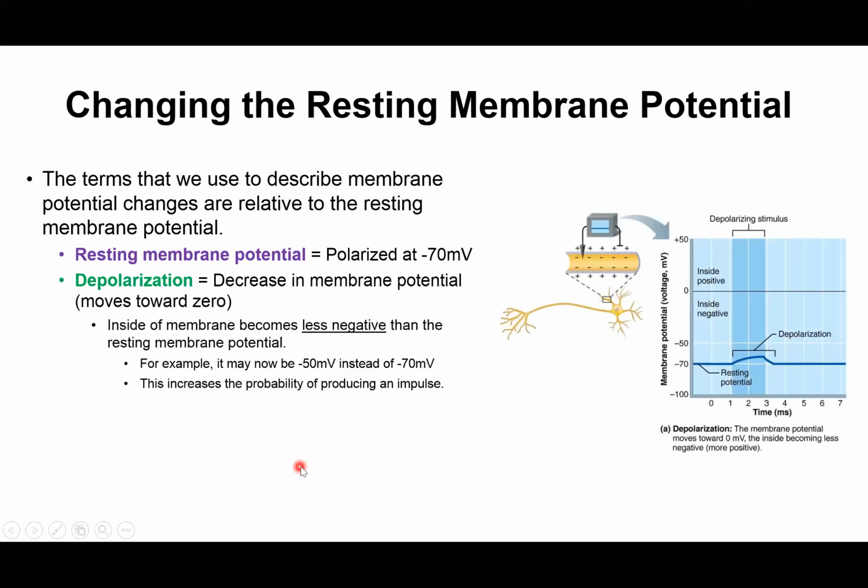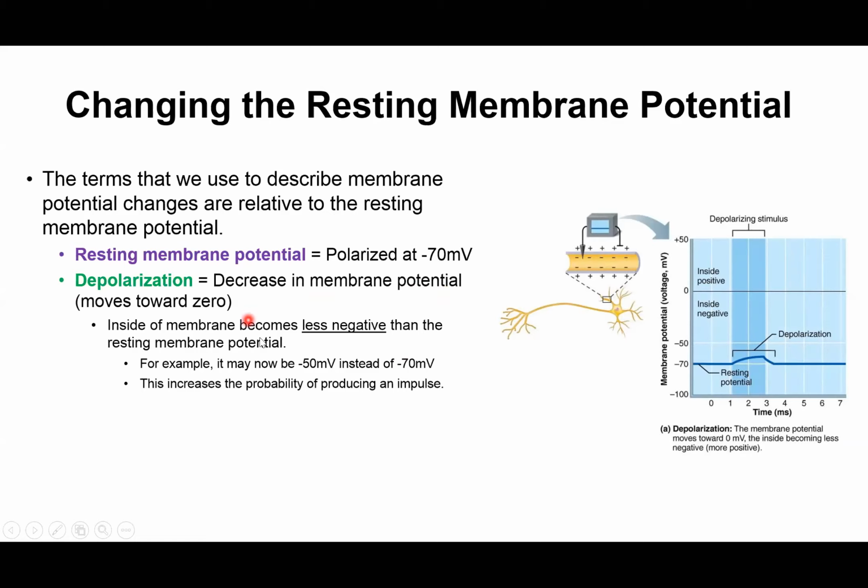If we change the resting membrane potential and we depolarize the membrane, we are referring to a decrease in membrane potential, aka the membrane potential is going to move towards zero.